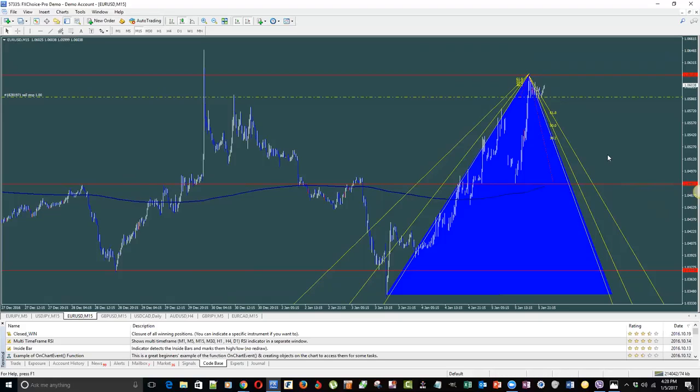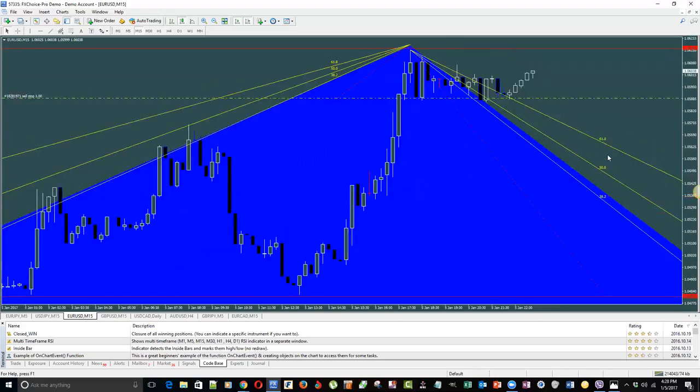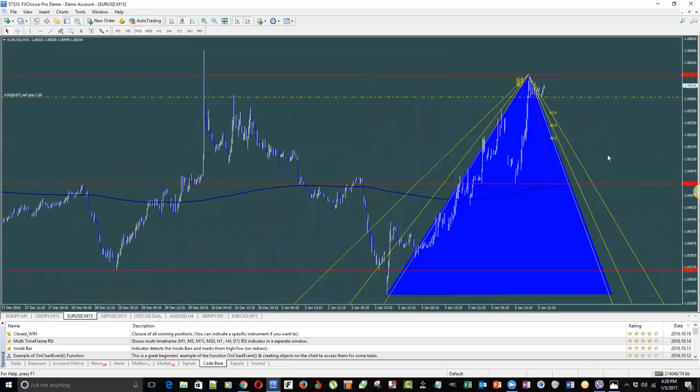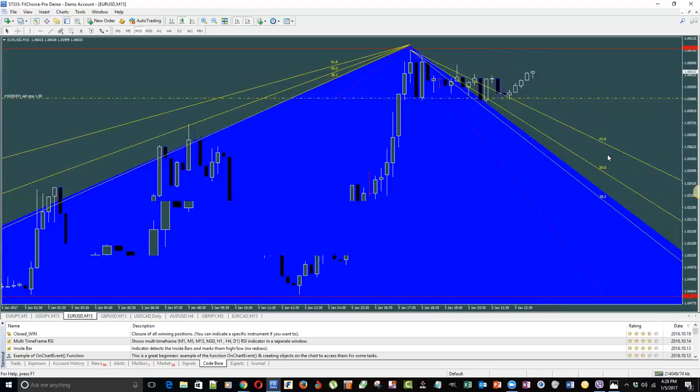Okay, so now that's another confirmation to take a trade going short, right? Now from here, you have 4 confirmations that the movement is going to go short.